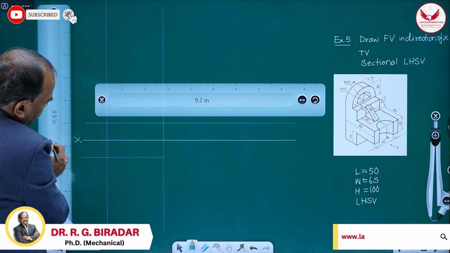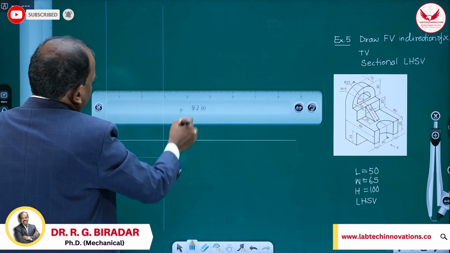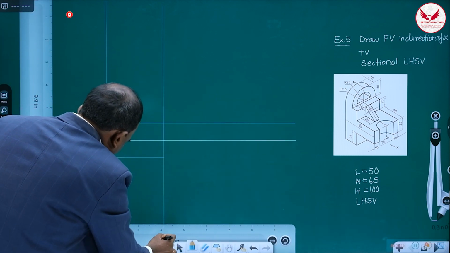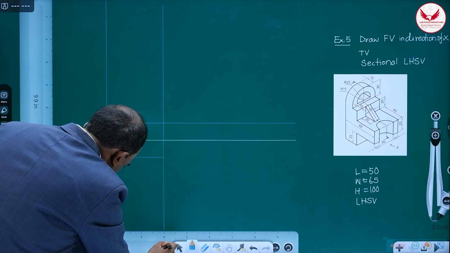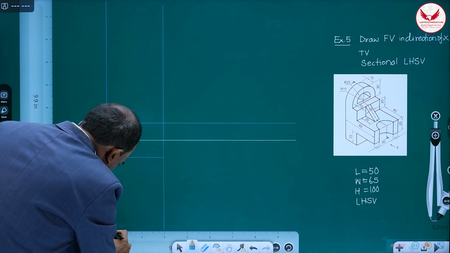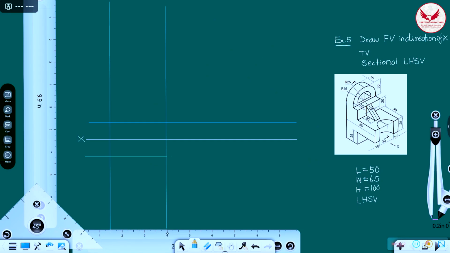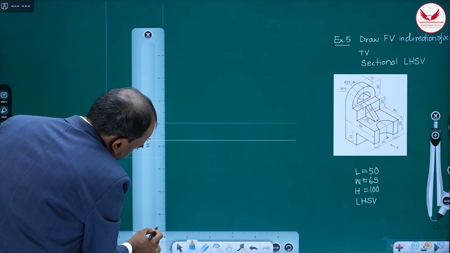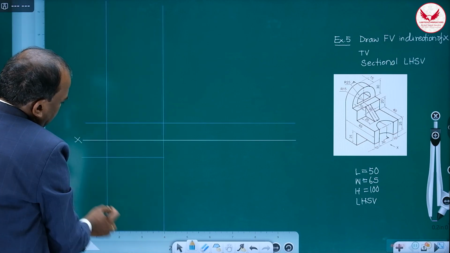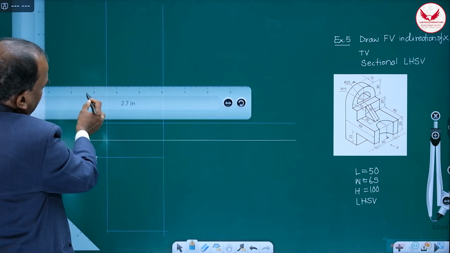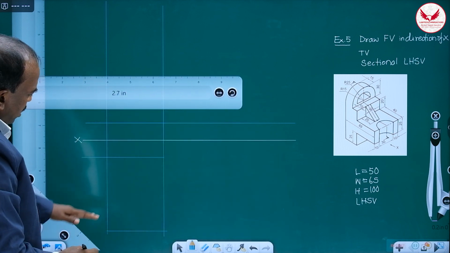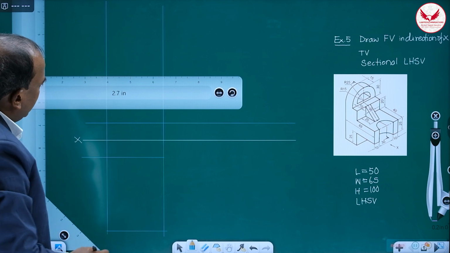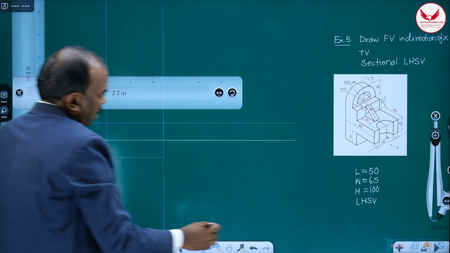I have marked the width, and once you mark that width, draw this horizontal line, like this. So I have marked the width of the object.